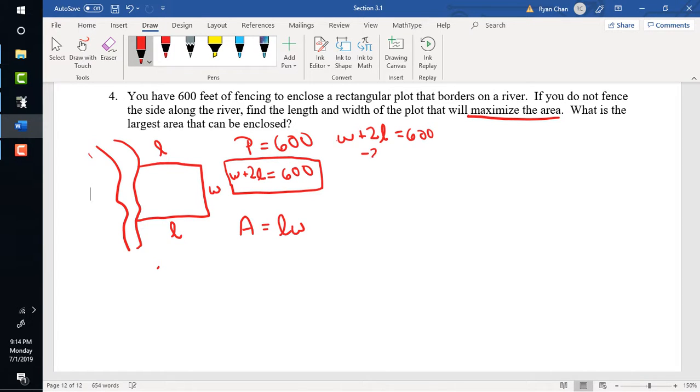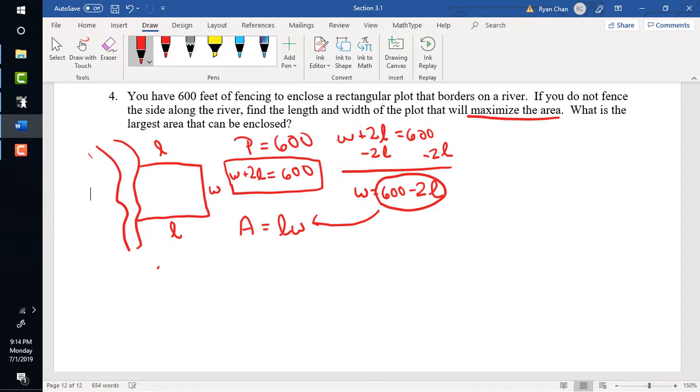So what I'm going to do is subtract 2L on both sides. Why am I doing this? Because I want W by itself. You could get L by itself, I'm just doing it because it's a little bit easier. Then, because W is by itself, I'm going to plug this into here. Why am I doing this?